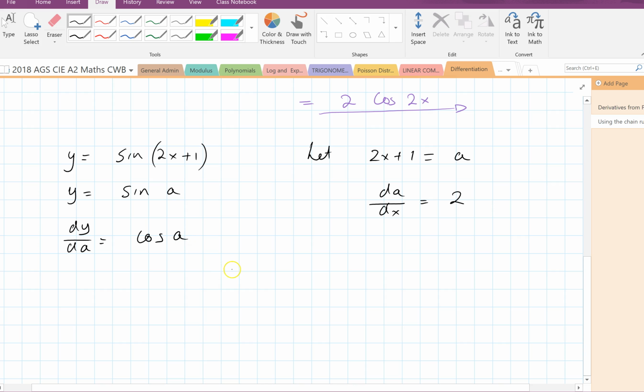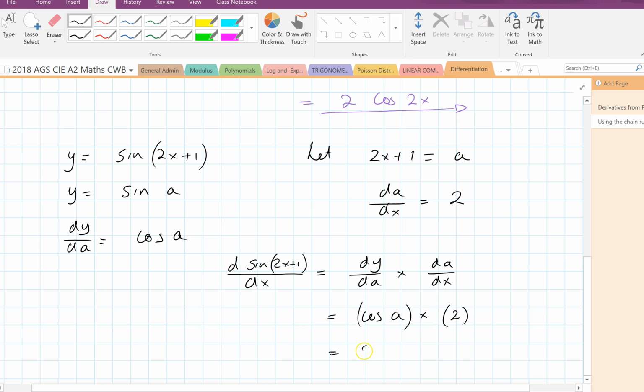And so, if I now look at the derivative of the sine of 2x plus 1 over dx, this is going to be dy/da times da/dx. This is going to be cos of a times by 2.